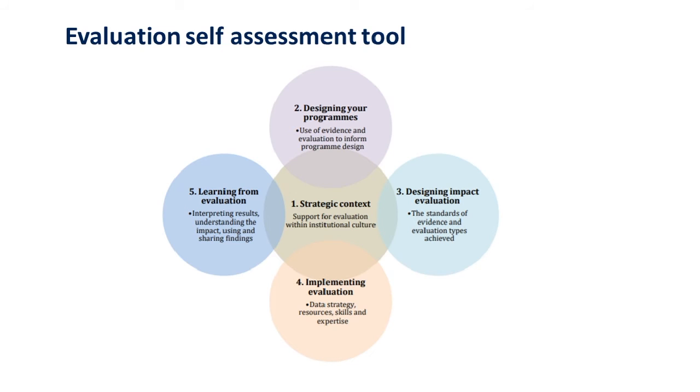It sets out 5 core dimensions: the strategic context in which evaluation is undertaken, how evaluation and evidence shape current program design, how evaluations are designed and how they are implemented, and then finally how learning from evidence and insight from evaluation shape future improvements.